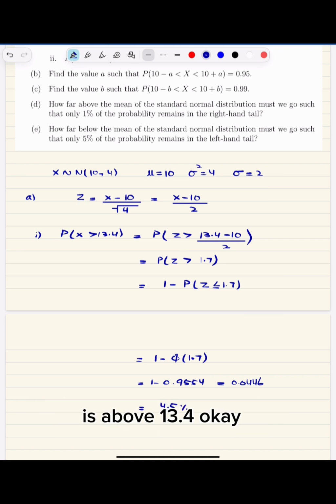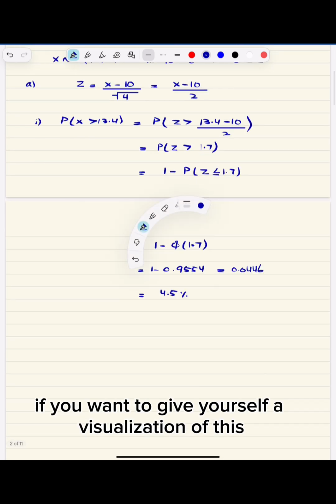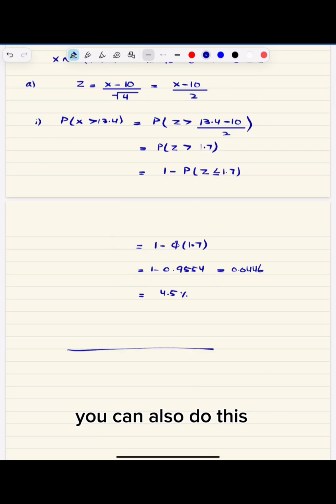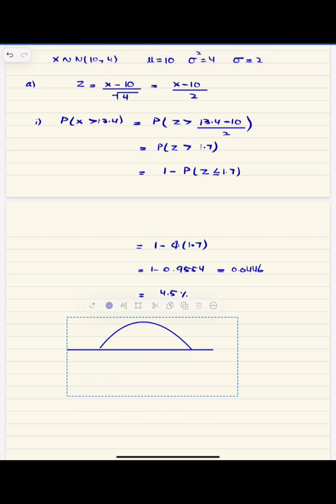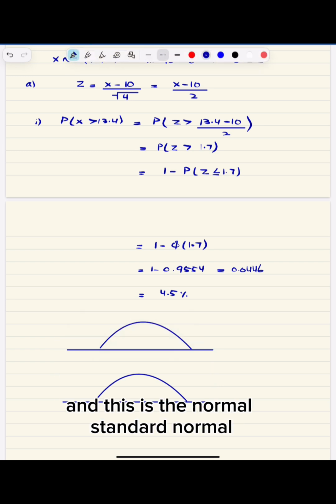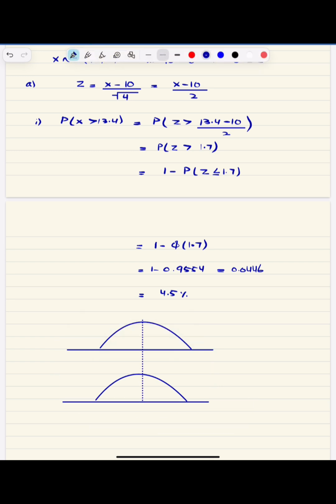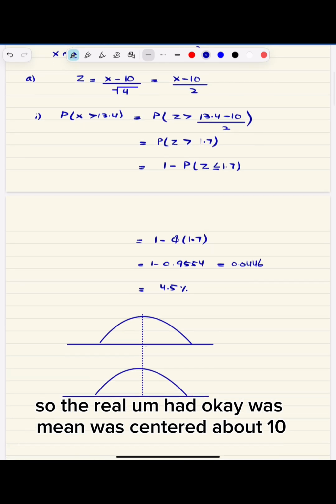is above 13.4. Okay, if you want to give yourself a visualization of this, you can also do this. This was the actual and this is the standard normal. So the real one was centered about 10.